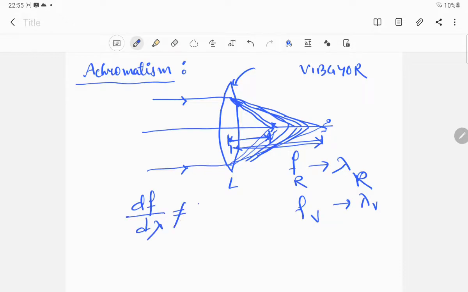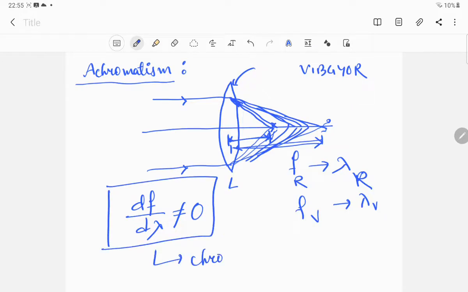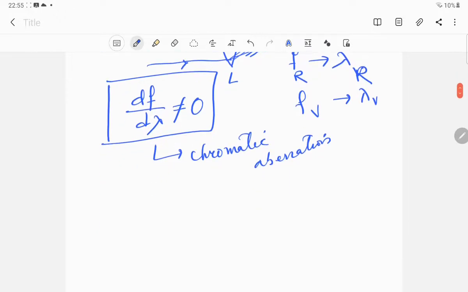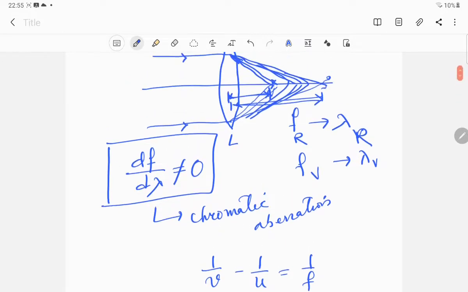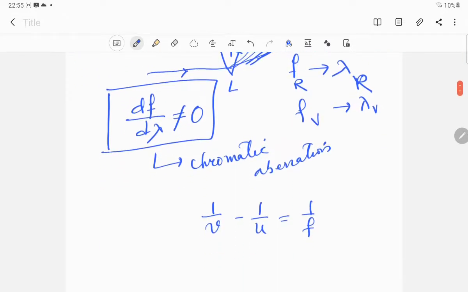So df by d lambda is not equal to 0. This is what happens in chromatic aberration. And you know the lens formula, 1 by v minus 1 by u equal to 1 by f. Obviously u is always constant.